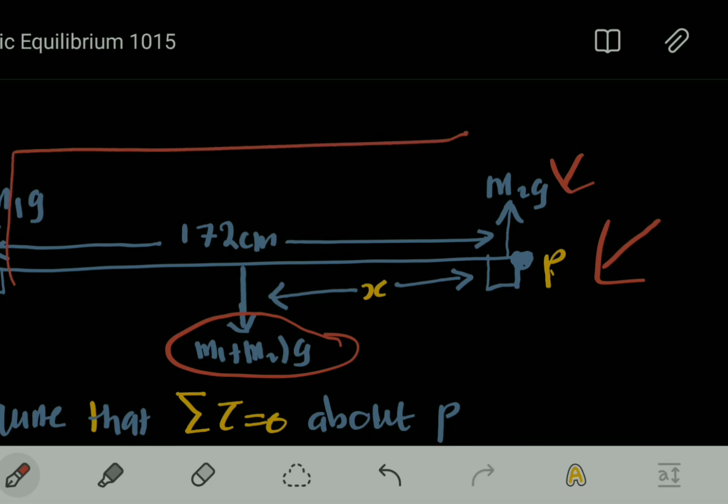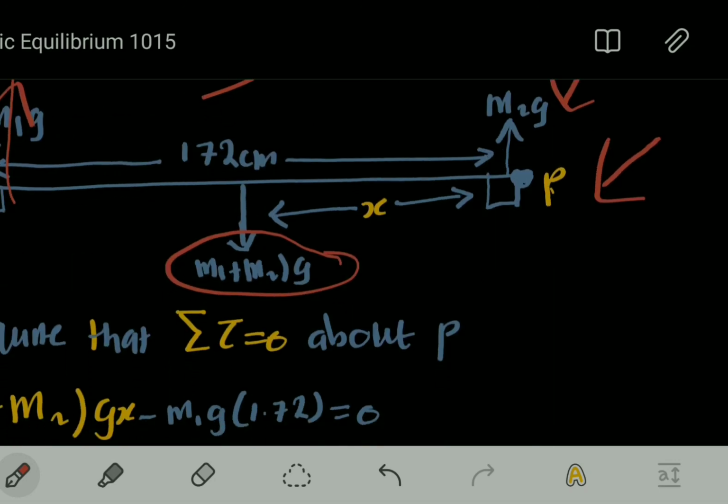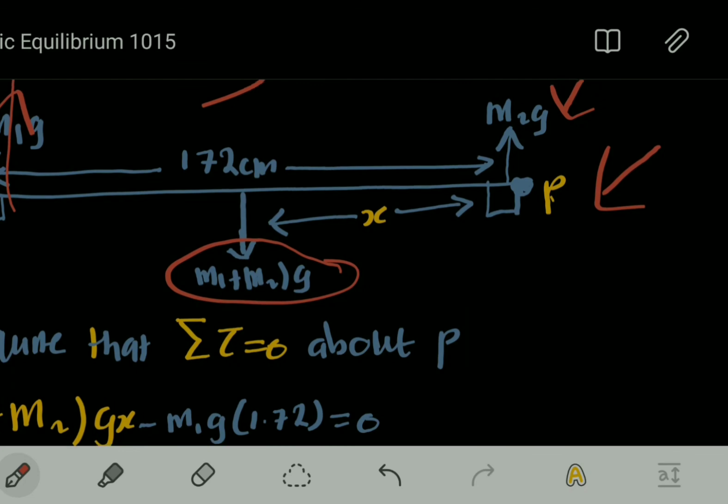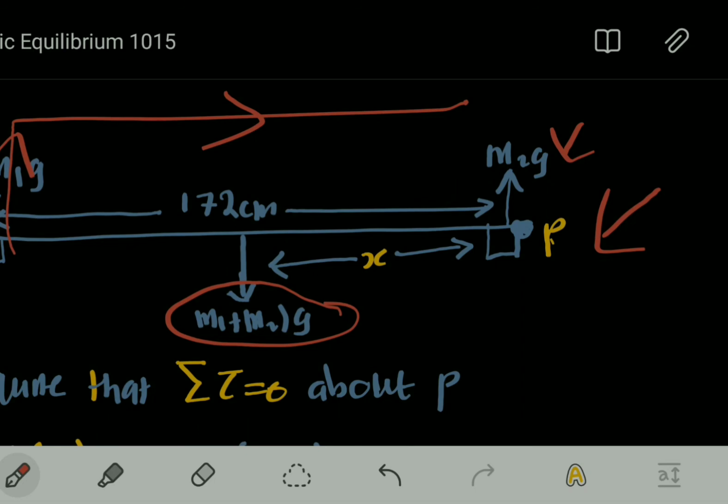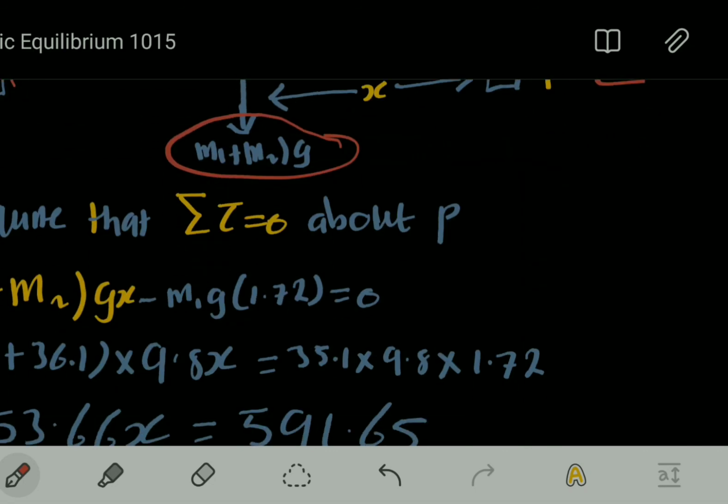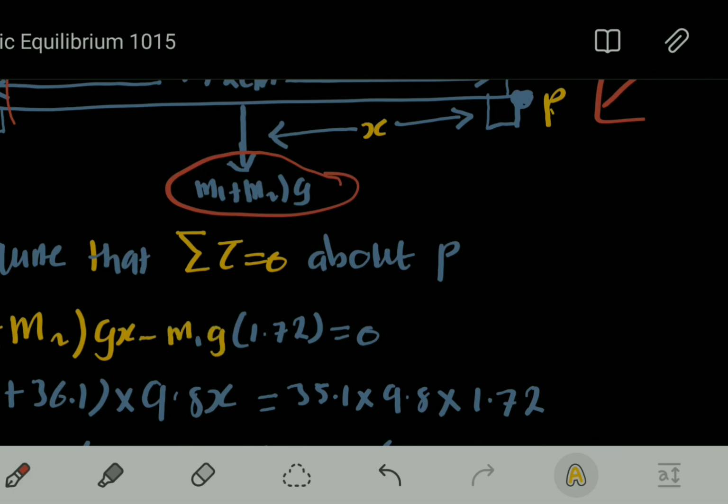Since this is our pivot, the force will be acting upwards and perpendicular to the height of this person. So we are going to have M1 times g being perpendicular to 1.72 meters. That is the other torque, which is clockwise, and because it is clockwise, it becomes negative. So let us write minus M1 g multiplied by the height of this person, giving us 0. This is the sum of the torques that we have for this system.